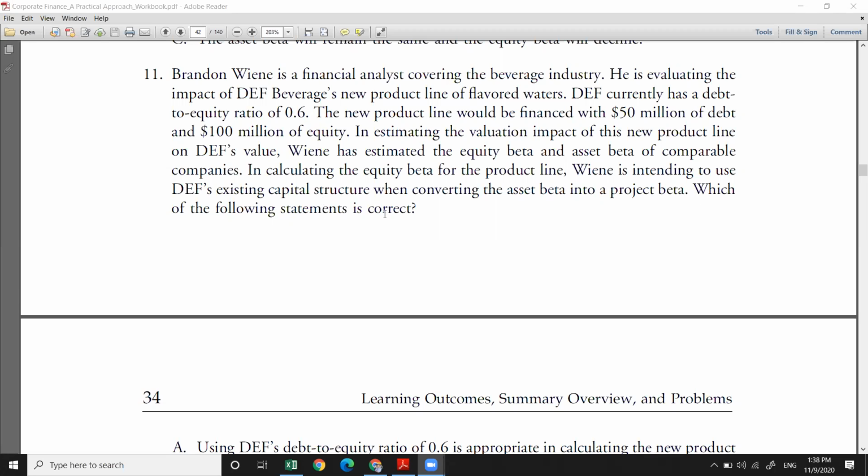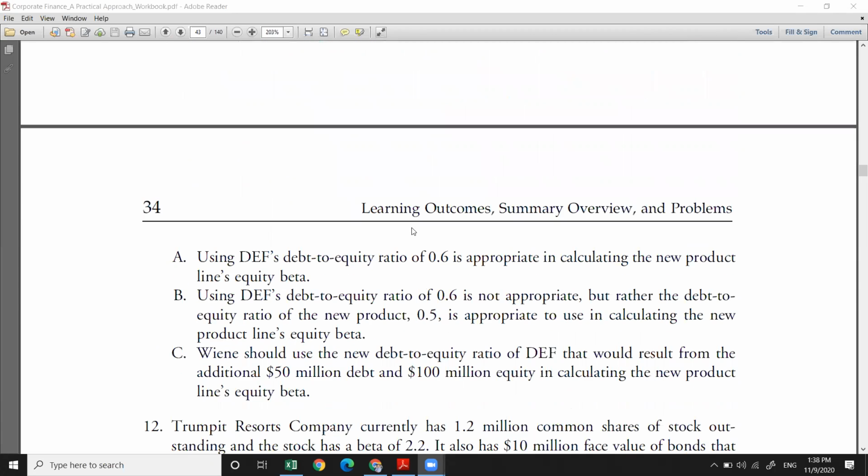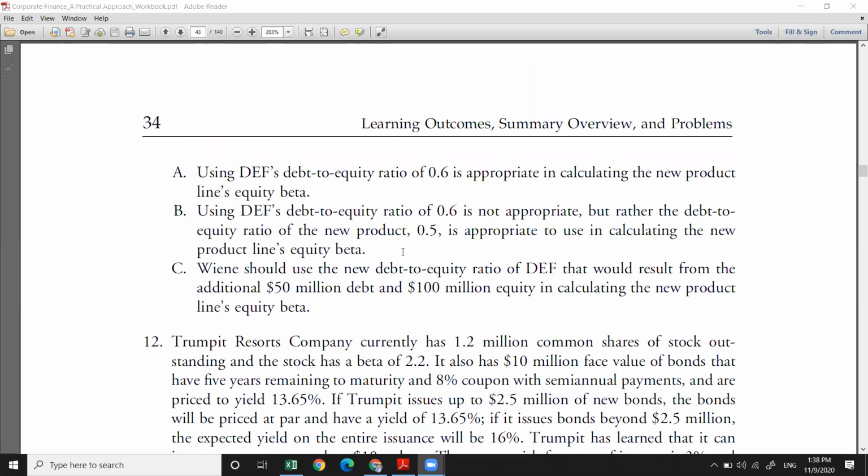Which of the following statements is correct? Using the debt-equity ratio of 0.6 is not appropriate, but the debt-equity ratio of the new product line is 0.5 and it is appropriate to use it in calculating the new product line's equity beta.